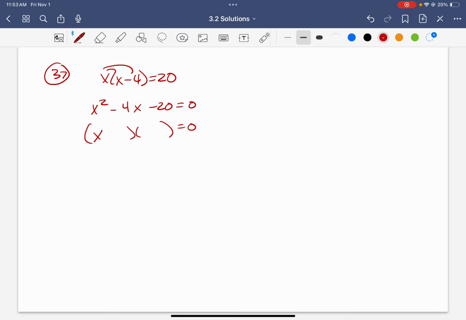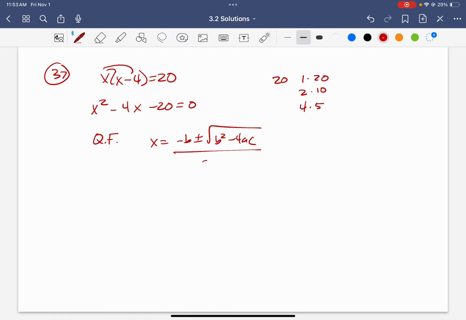Because to get to 20, you have 1 and 20, you have 2 and 10, you have 5 and 4, and none of those will give us a difference of 4, so I'm going to have to use my old buddy, the quadratic formula. Negative b plus minus root b squared minus 4ac all over 2a.